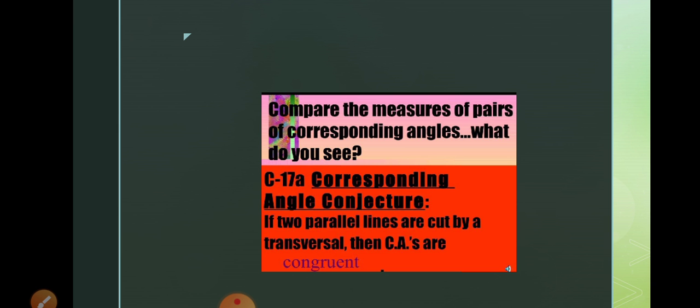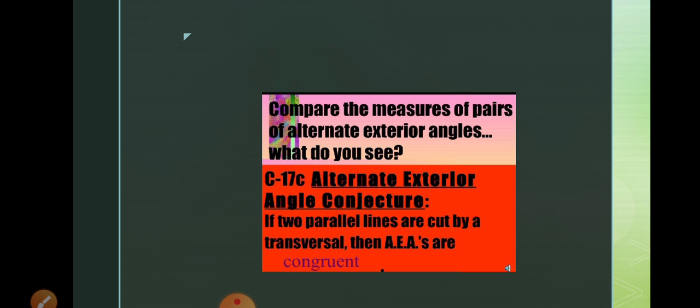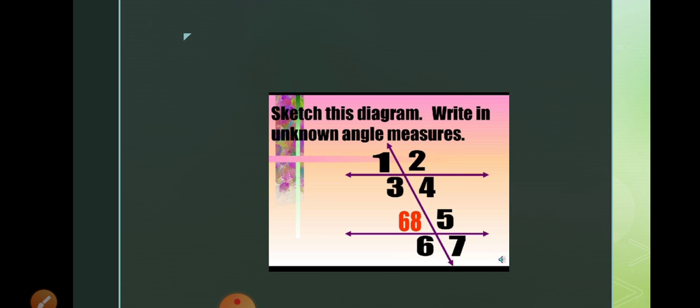It means the corresponding angles formed by the transversal are congruent, equal in measure. Alternate interior angles are also congruent, and alternate exterior angles are also equal in measure.